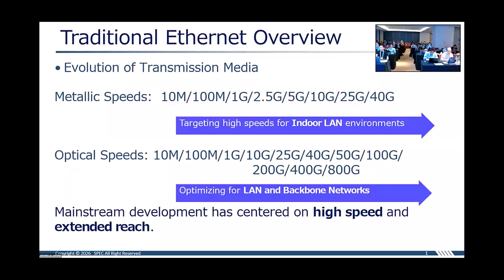To understand SPE, we must look at where we are. Historically, IEEE 802.3 mainstream development focused on two things: higher speeds and extended reach. We have seen metallic speeds climb to 40 gigabit and optical speeds reach 800 gig. This is perfect for backbone and high-speed LAN environments.